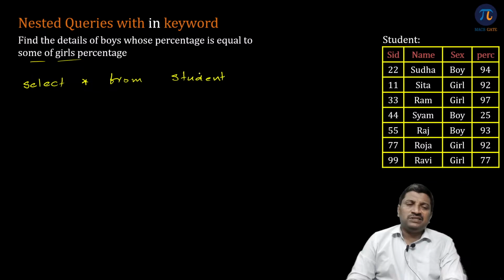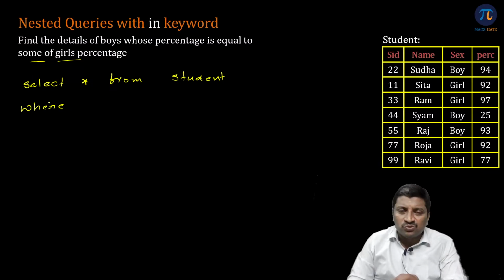Select star from student. Fine. Where, do you need the details of all the students, sir? No, we need the details of boys only. So where sex equal to boy.